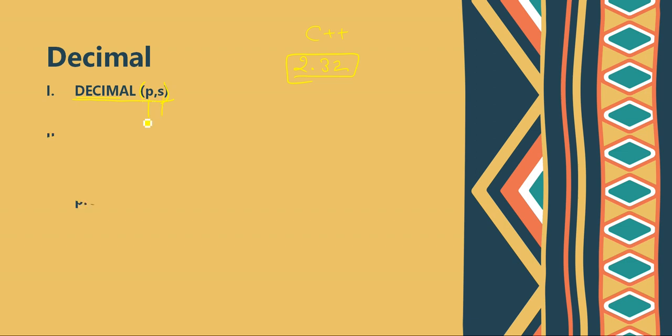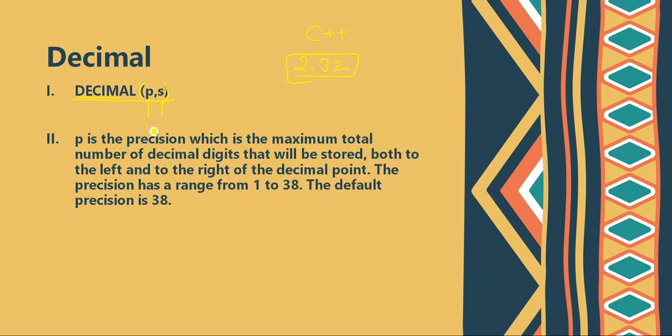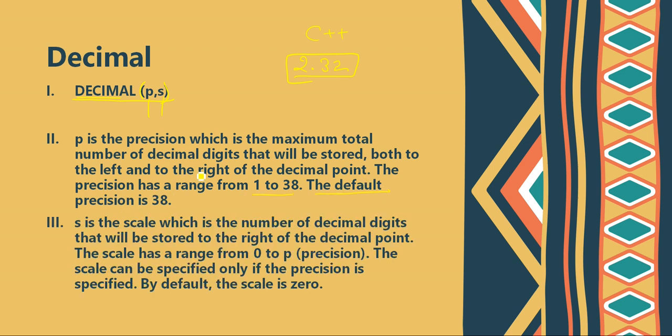What are those parameters? P is the precision, which is the maximum total number of decimal digits that will be stored, both to the left and to the right of the decimal point. The precision has a range of 1 to 38. The default precision is 38. Basically it means this is the size of the number.